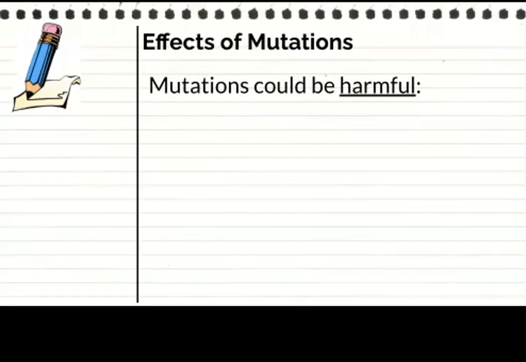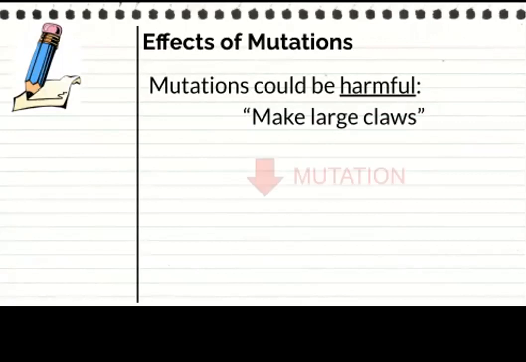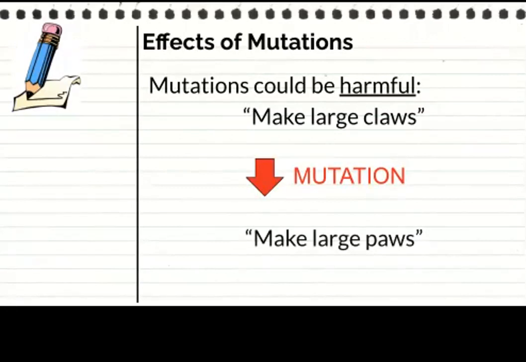For instance, what if the DNA code was supposed to say, make large claws, but instead, the DNA code changed to say, make large paws.